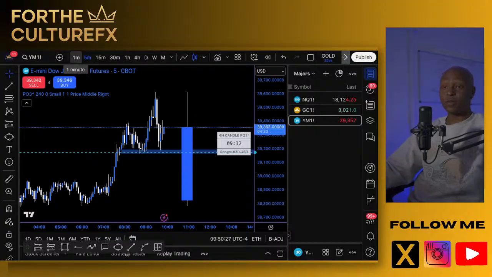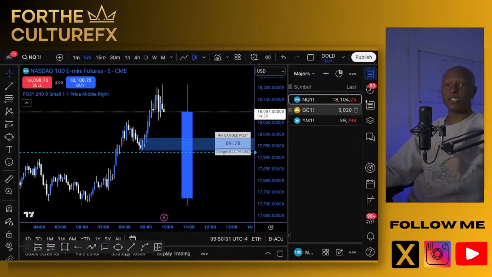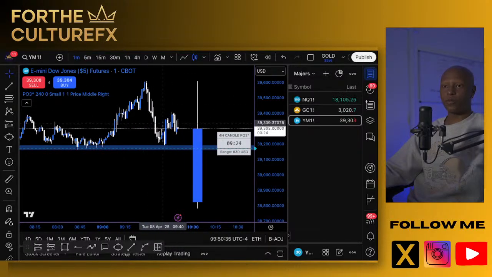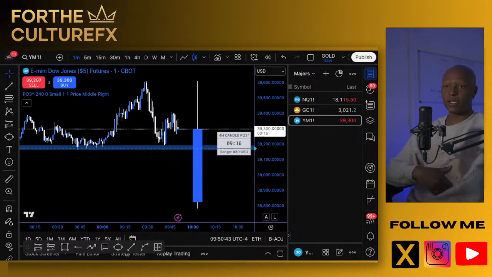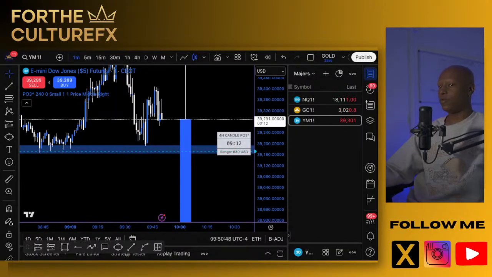Not necessarily from this area. I think the NQ is actually showing it more than the YM. But why do I think this? While price created a high, created a low, created a higher high, higher low, new high, then it broke through that area there. We hadn't seen this 5-minute candle close bearish, so that doesn't incline me to want to sell this, even though this is a beautiful possible sell entry coming up here.